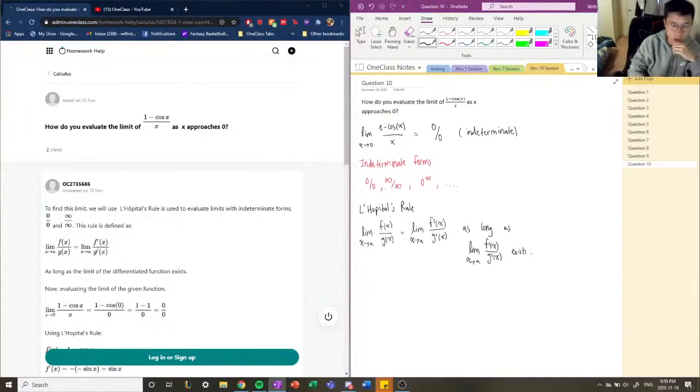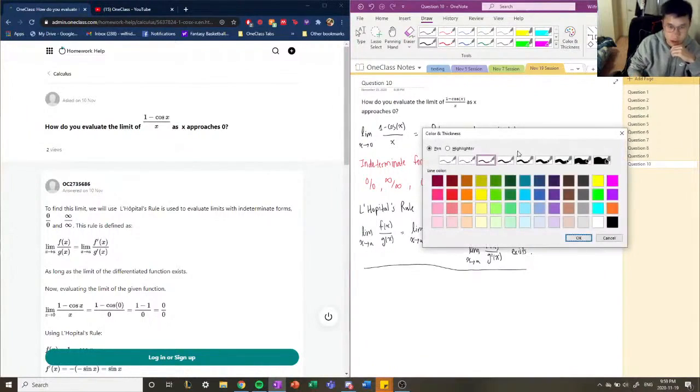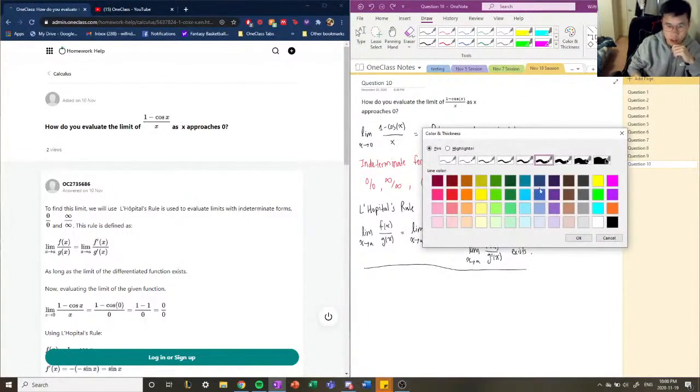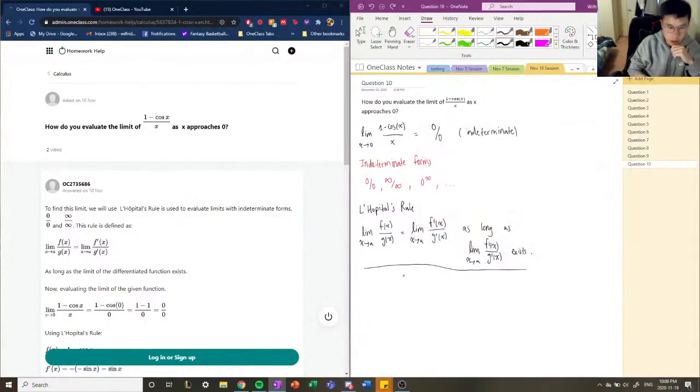So we're going to solve our question now. We're going to use L'Hopital's rule. We have the limit of 1 minus cos of x divided by x as x approaches 0.